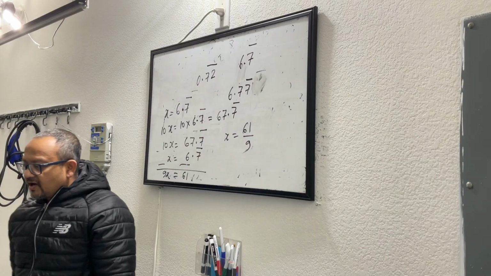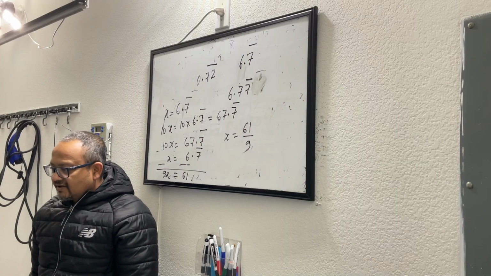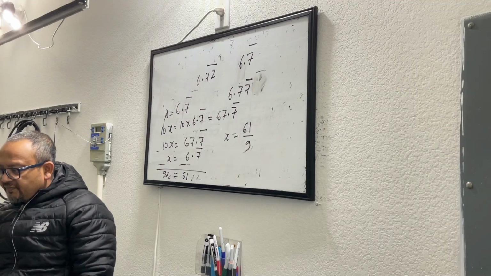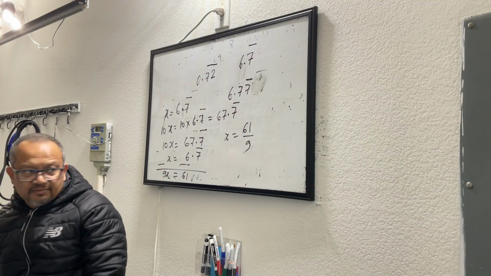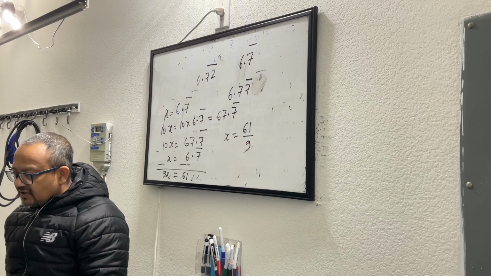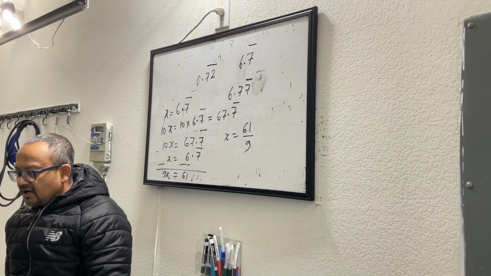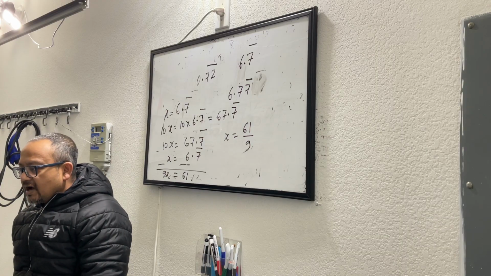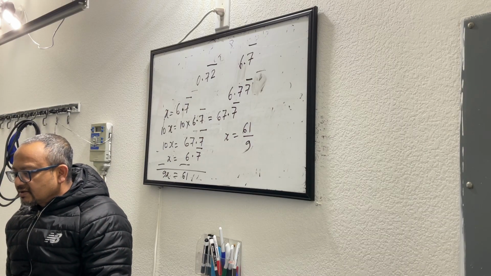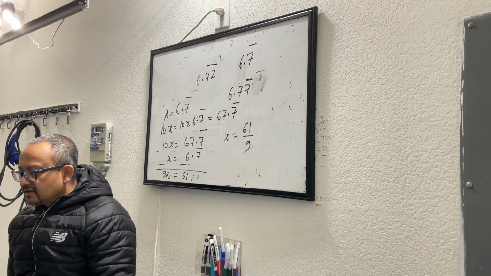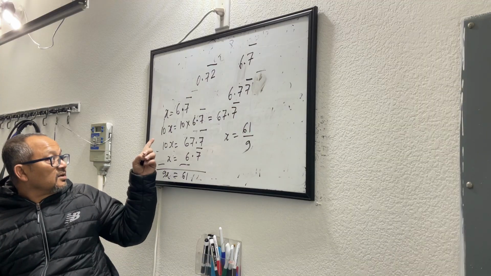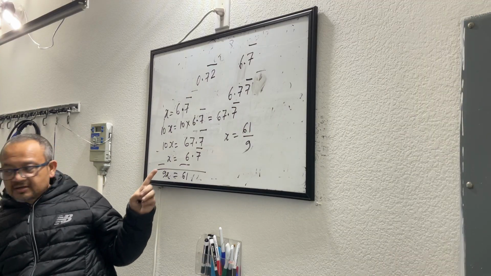Now it's time for everybody to check how it is different from your number if it was the case. Most of you gave me 61 over 9, but some of you gave me other answers as well. I put everything the same, but for x, I put x equals 0.67 by accident instead of 6.7.